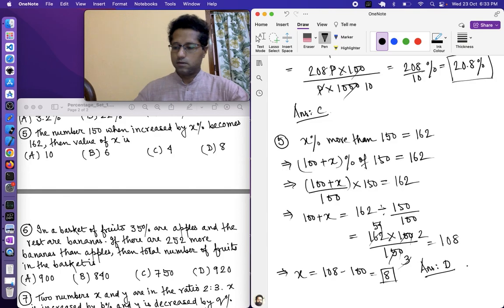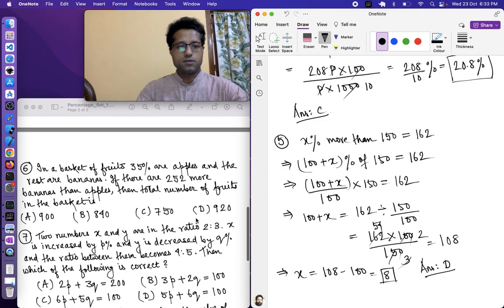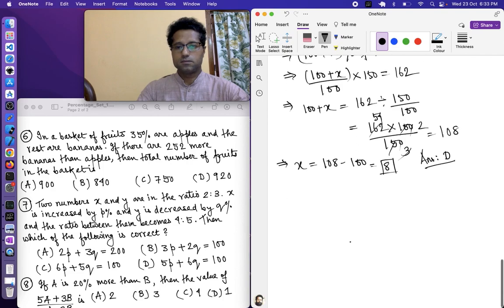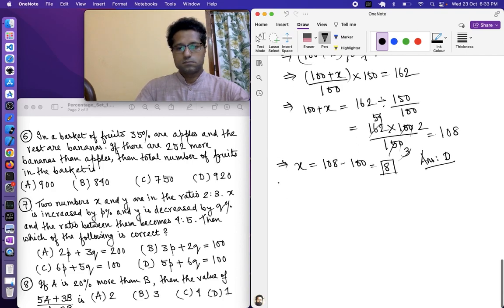So let's solve question number 6. In a basket of fruits, 35% are apples and the rest are bananas. If there are 250 more bananas than apples, then the total number of fruits in the basket is.